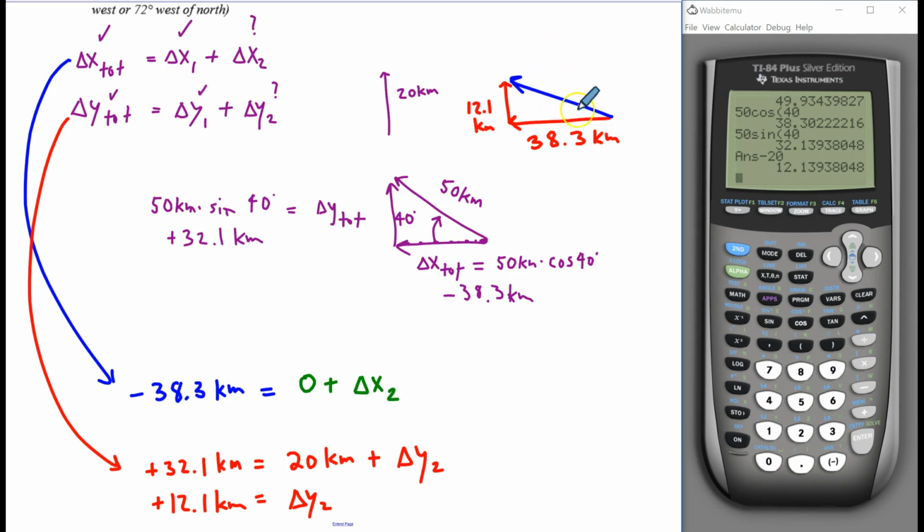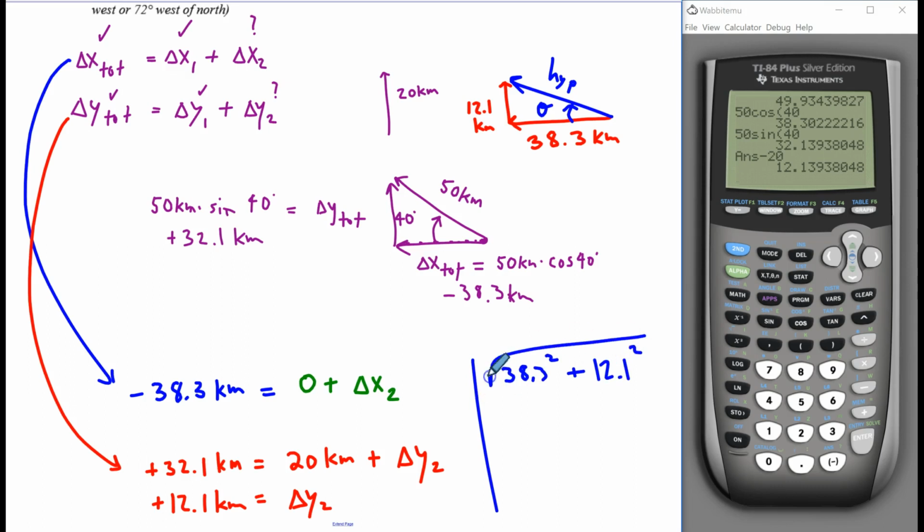So the hypotenuse is this second displacement. There it is. We have to find that hypotenuse. We have to find the angle. We use the Pythagorean theorem to get the hypotenuse. And so, I'm running out of room here. We do 38.3 kilometers squared plus the 12.1 squared.